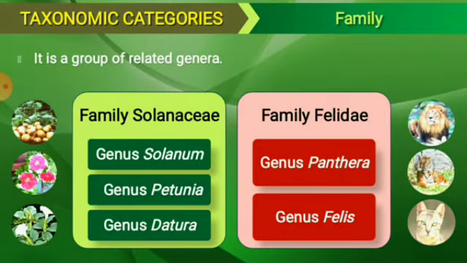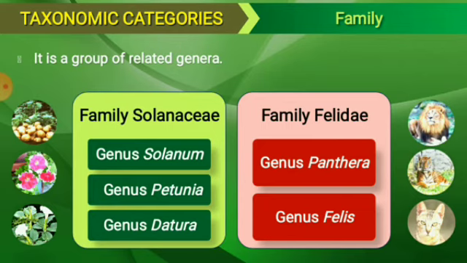You can see the case of the family Solanaceae. It consists of different genera like Solanum, Petunia, as well as Dhatura. All these belong to different genera, but because of some common features, they belong to the same family, that is Solanaceae.